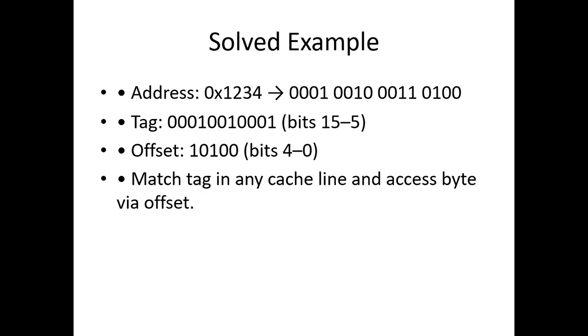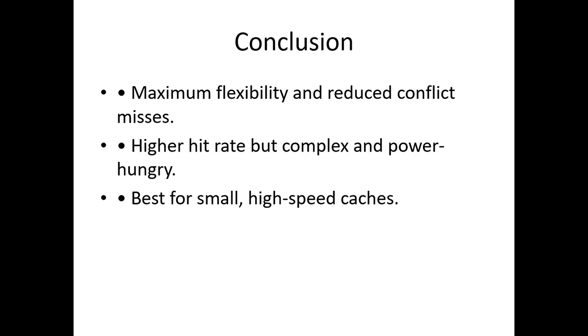Now suppose we later access 0x2234. In direct mapping, both addresses would conflict, but in fully associative mapping, they can both reside in the cache simultaneously, eliminating the conflict.